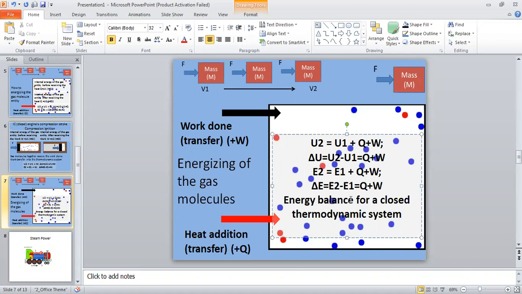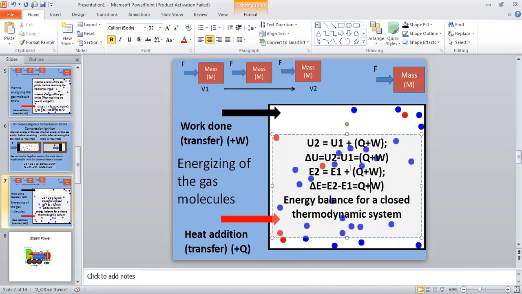So addition of both heat and work, W plus Q, gives the rise of internal energy if you combine those. This is the expression for energy balance, or the first law.